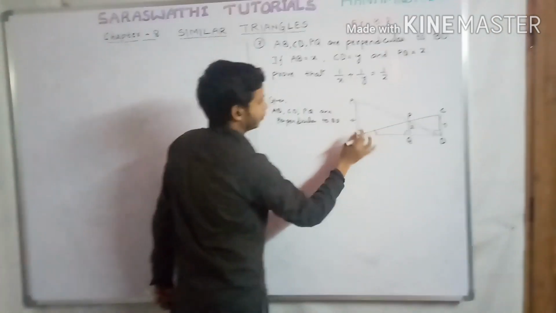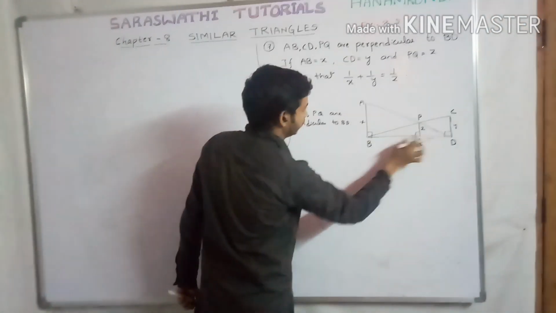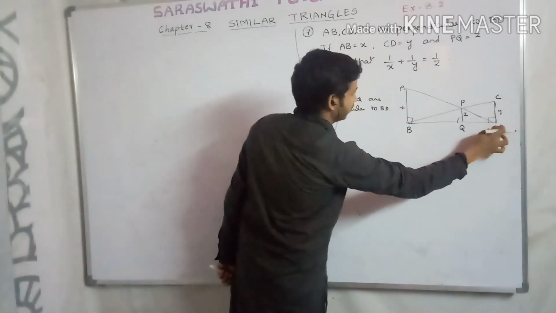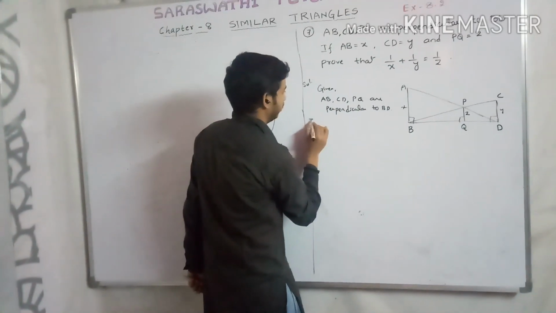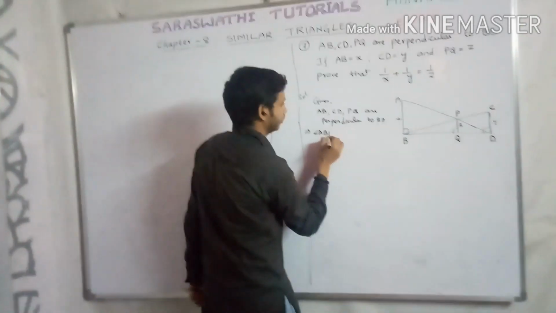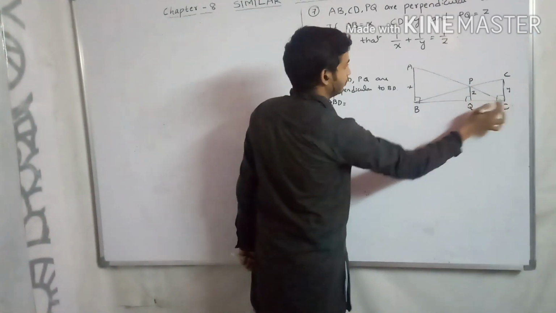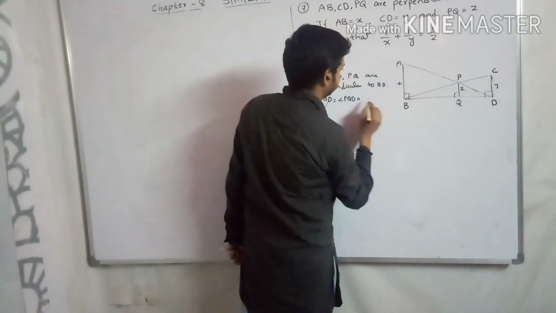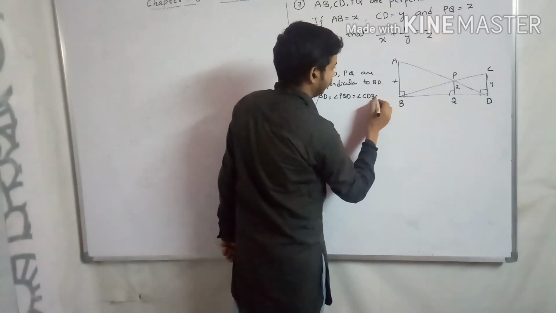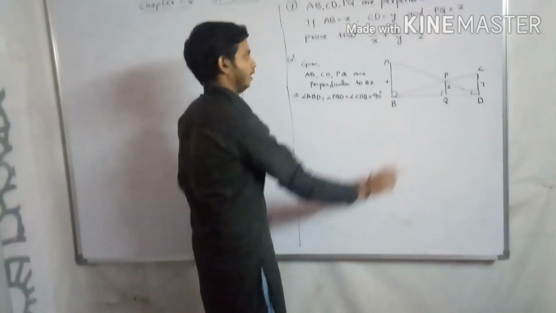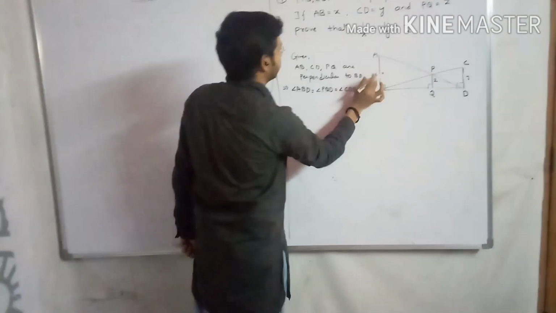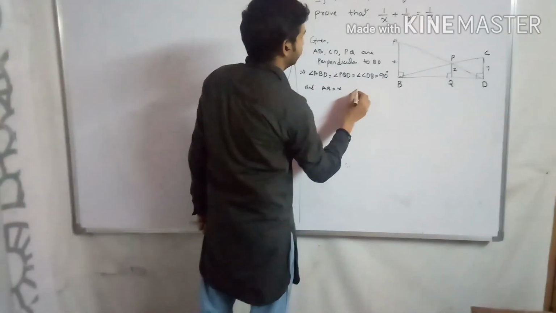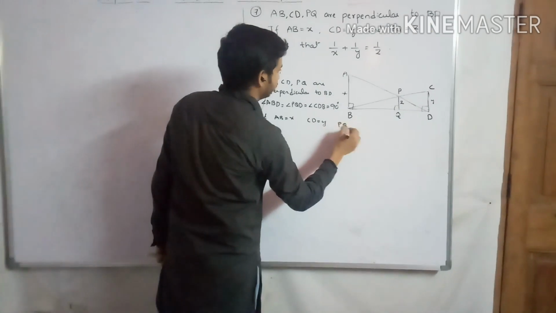That means angle ABD equals angle PQD equals angle CDB equals 90 degrees. And AB equals x, CD equals y, PQ equals z.